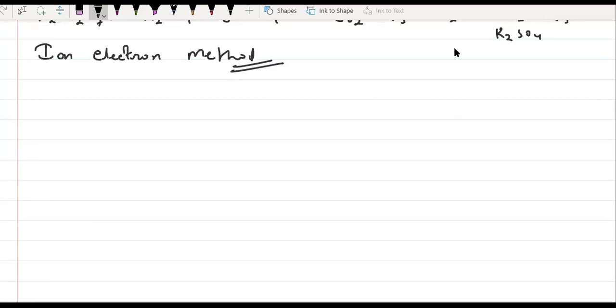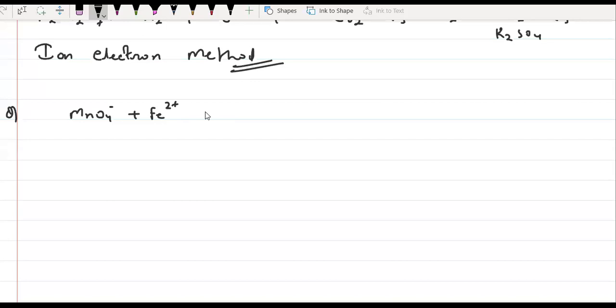Now let's see the oxidation number method. Why did I teach you the ion electron method first? Because both are the same. There's only one difference: in the oxidation number method, we will do 2-3 steps simultaneously. For example, let's see, we have a problem like this. I'm just writing the skeletal equation of the redox reaction: MnO4 minus plus Fe2 plus.